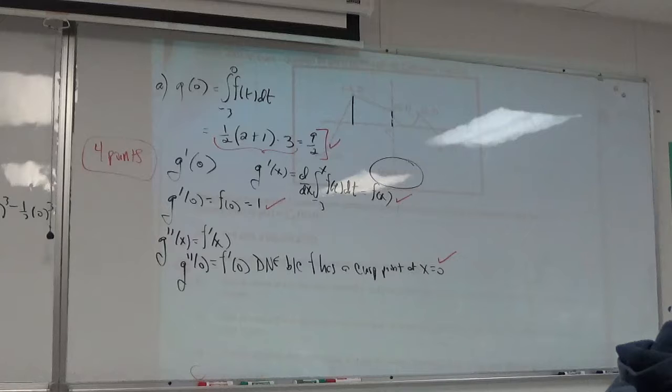G prime is equal to f of x, so increasing... Doesn't that mean that G prime of x changes from negative to positive, and G of x increases when G prime is positive?